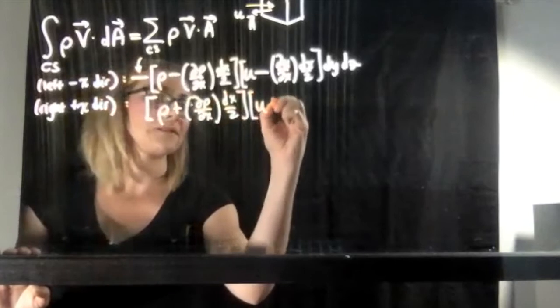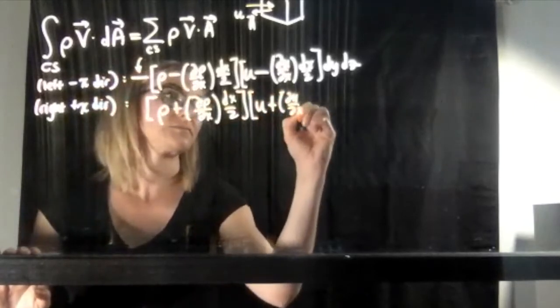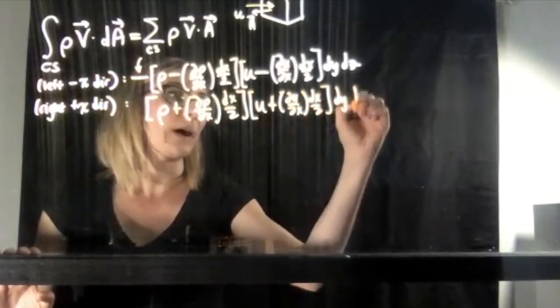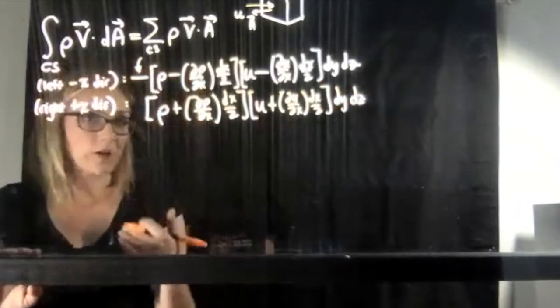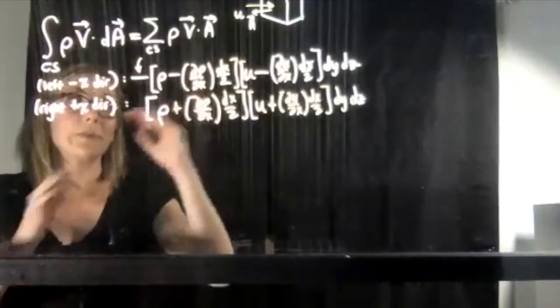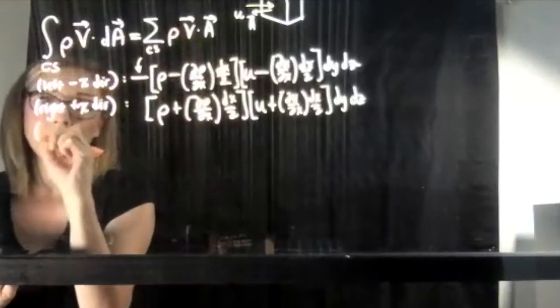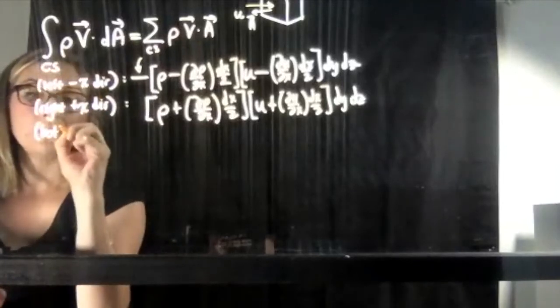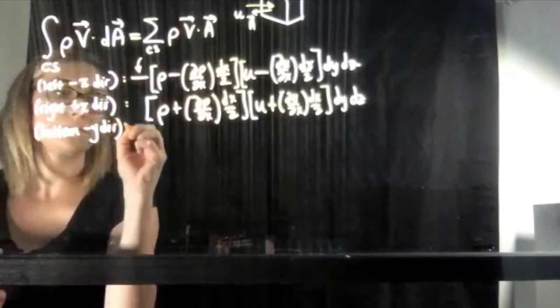And then the same thing for the velocity. And again, our area is dy dz. Okay, so we're just going to move along the cube and do the top and bottom and then front and back sides. So next we'll do the bottom, which is the negative y direction face.